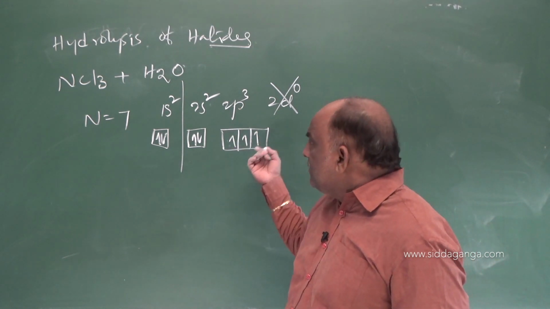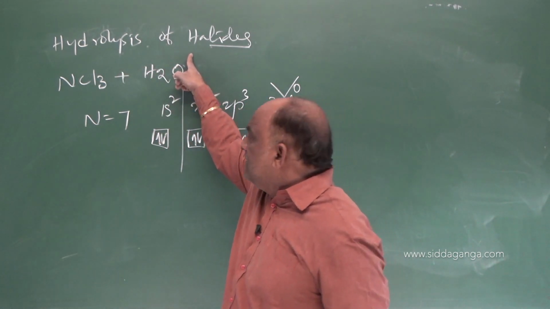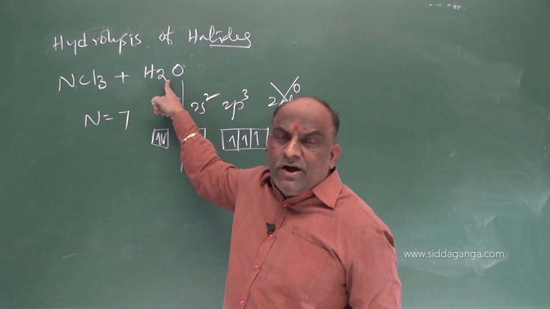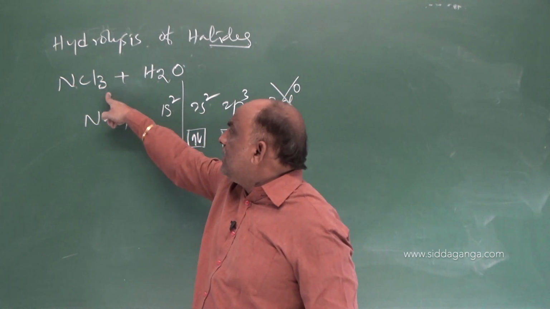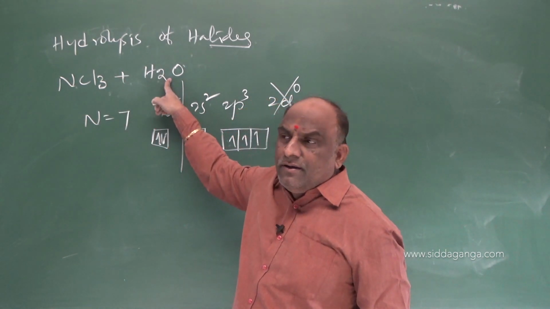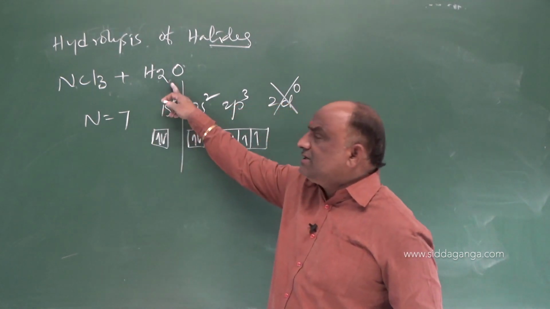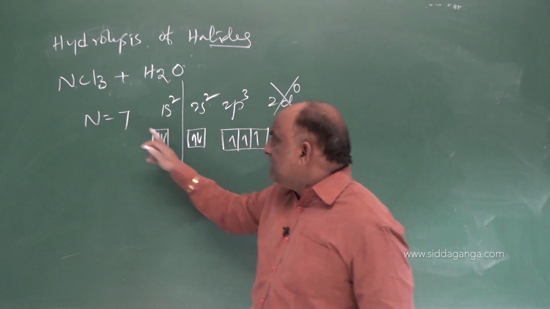Then what is the reaction? Hydrolysis of halides. NCl3 is dissolved in water or combined with water. Nitrogen trichloride combined with water. What is the condition for hydrolysis reaction? The condition is the presence of vacant orbitals. Is a vacant orbital present in nitrogen atom?